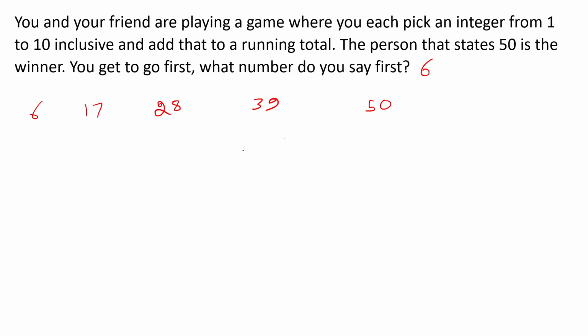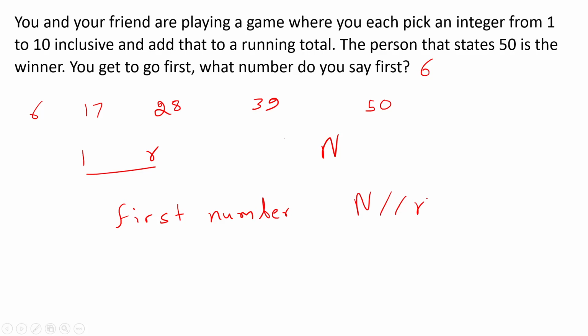So it can be any number. Suppose you have a number n, and you can pick 1 to r, inclusive. The first number you should say is n remainder r plus 1.